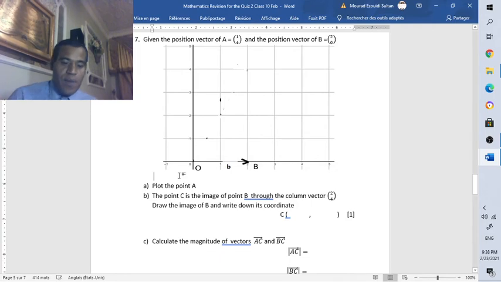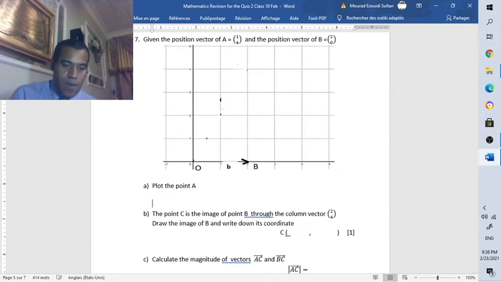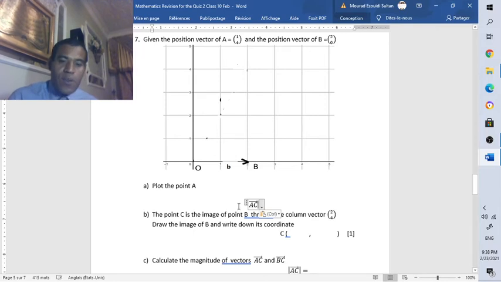It means that the vector OA is equal to what, my learners?